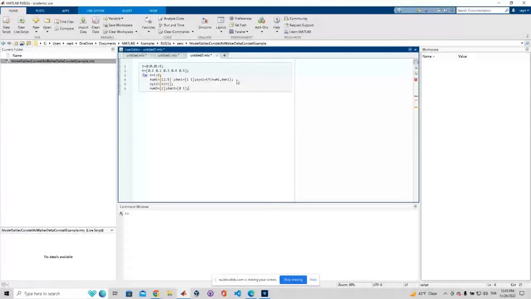Then our system 3 equals. Now, how are we going to take the transfer function? Just the same as before. The tf function, you write your numerator and denominator, num3, denominator 3. All right, guys?